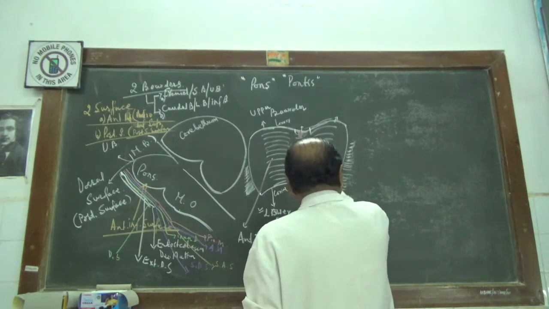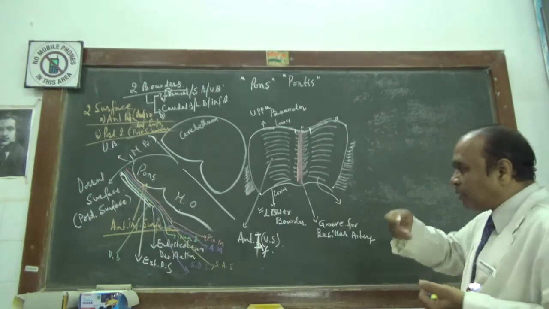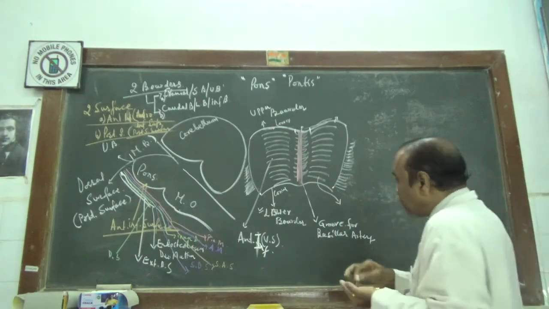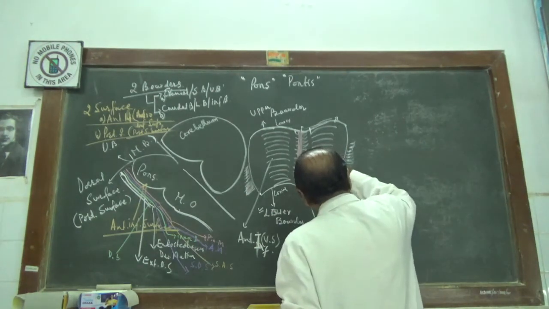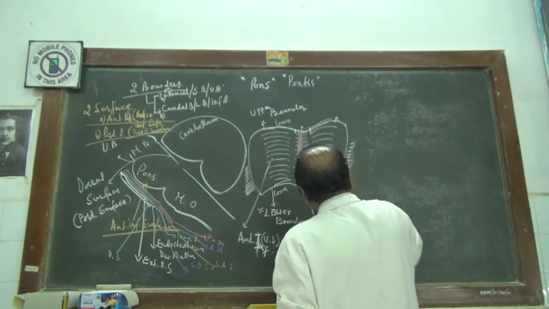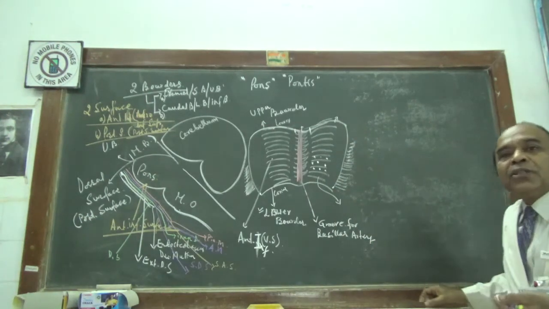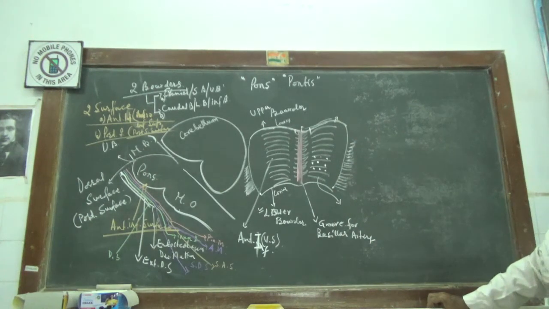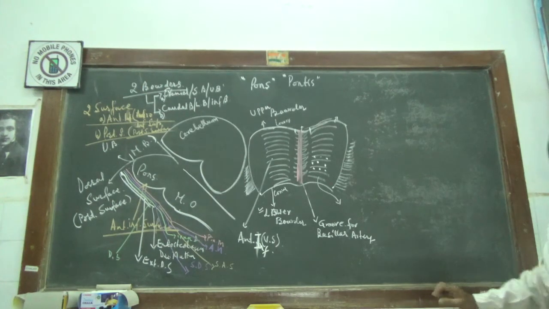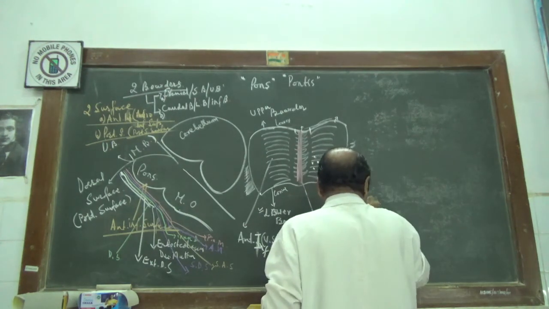Now these are the transverse fibers, and inside those transverse fibers you have other fibers running from above down, or rather upper border to the lower border. Those are called the vertical fibers.